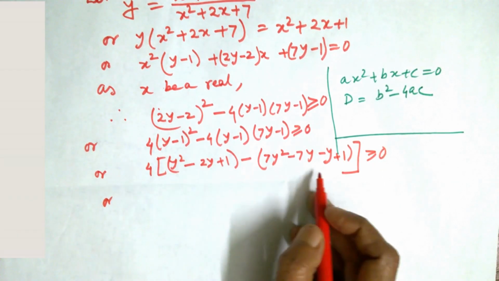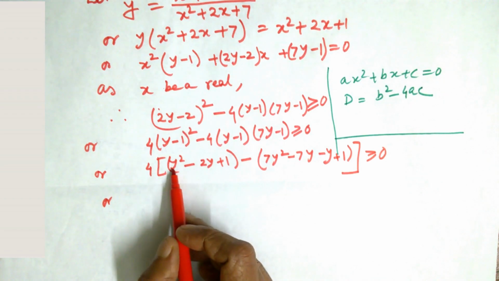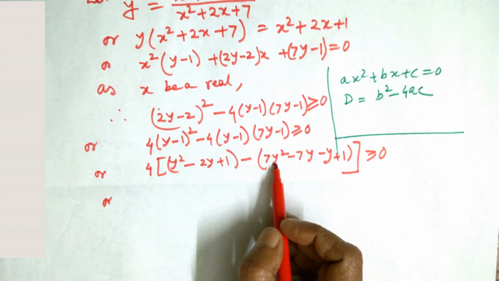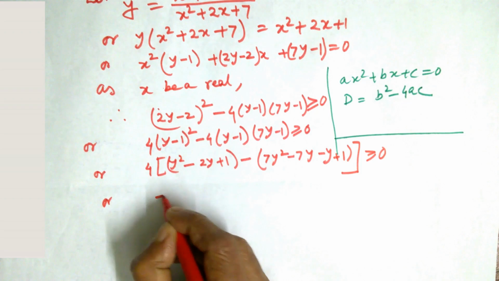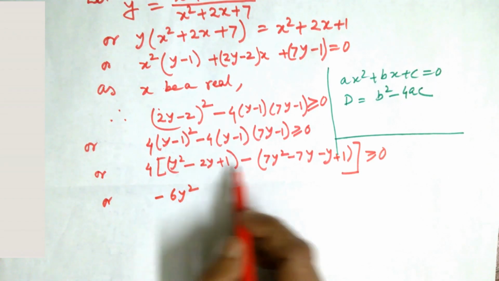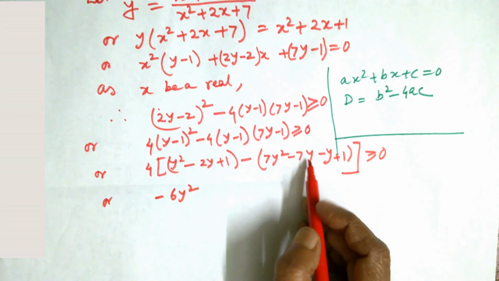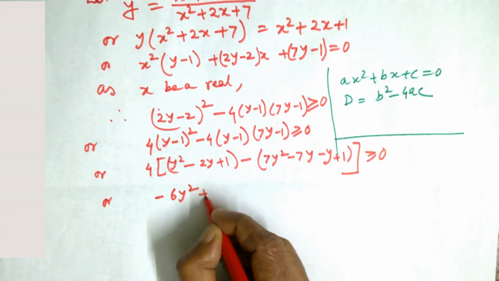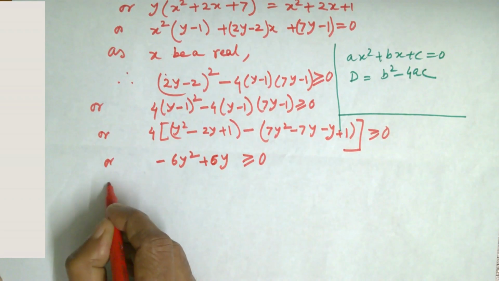So simplifying the bracketed term: y square minus 7y square gives minus 6y square, and minus 2y plus 7y plus y gives 6y.